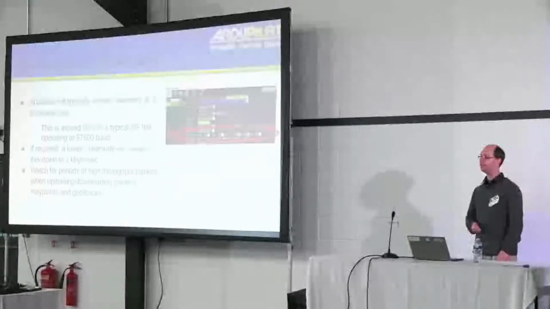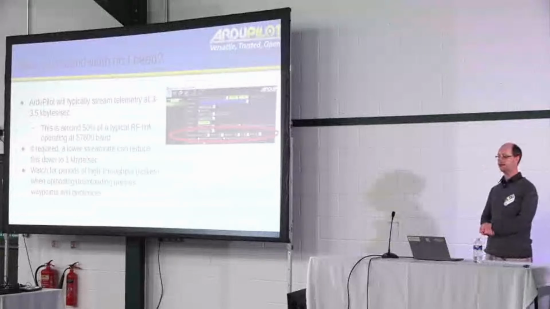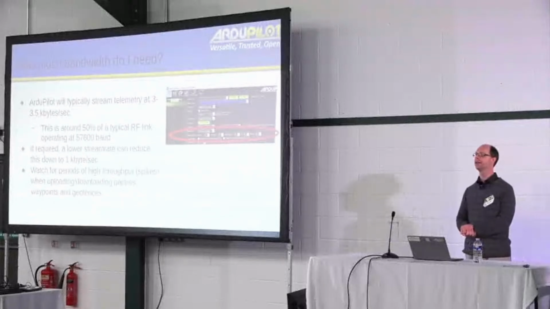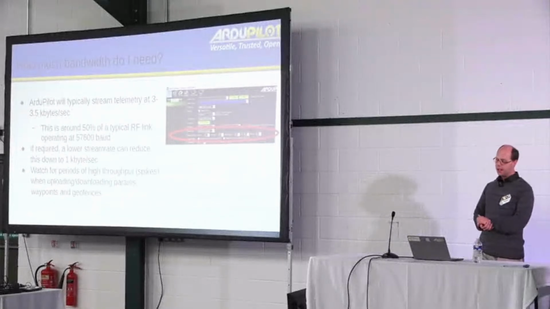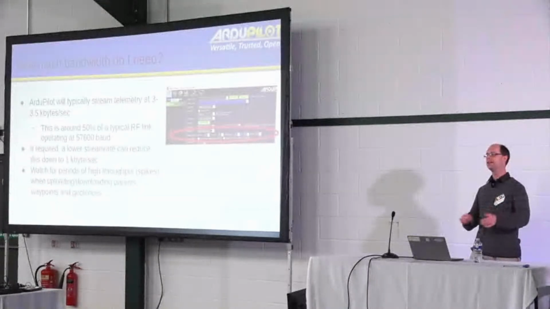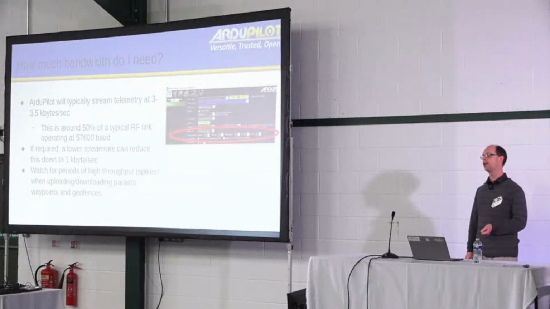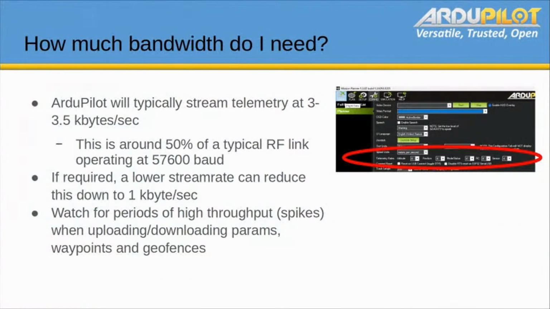If you take this down to 1 Hertz, your MAVLink data rate usually goes down to about 1 kilobyte per second during normal steady state flight. If you're uploading or downloading parameters, waypoints and geofences, you're going to see spikes in your telemetry bandwidth, so it is something to be aware of.